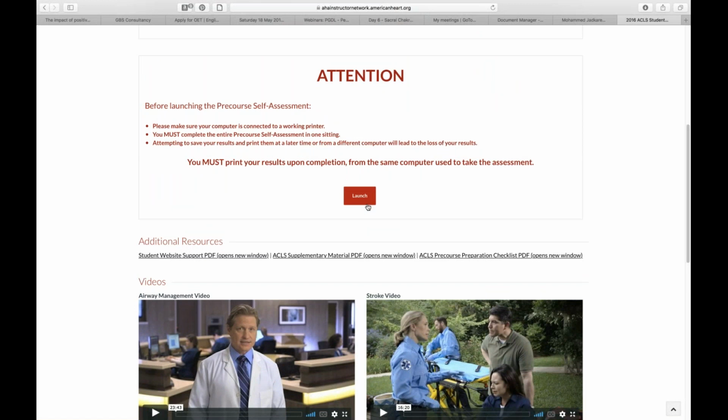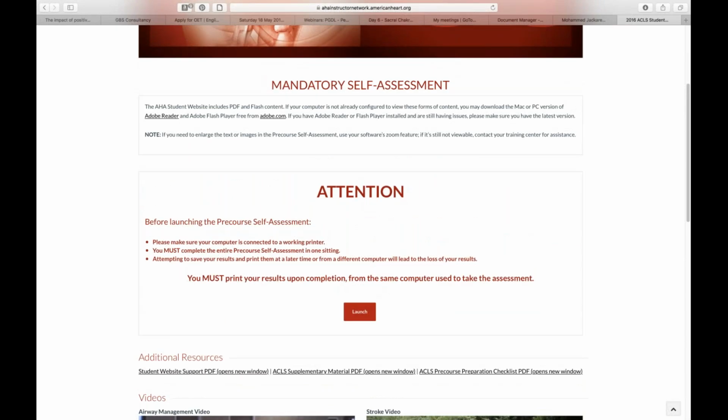It's very important. Then you can go and launch your exam, type your name, and after you finish your exam, you must print the assessment, your self-assessment, or at least take a screenshot of it. It's preferable that you do it on a laptop.